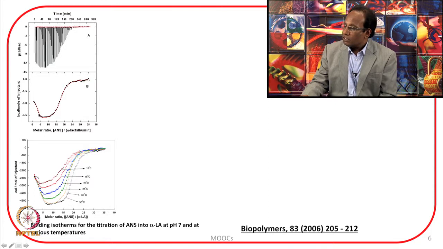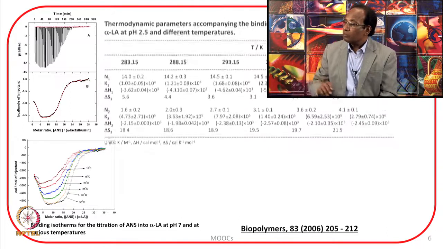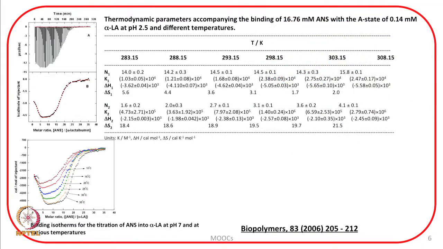It turns out in this case that a model representing two sets of binding sites fits the data in the best possible manner. And one can list the various thermodynamic parameters depending upon the type of the model which you used.